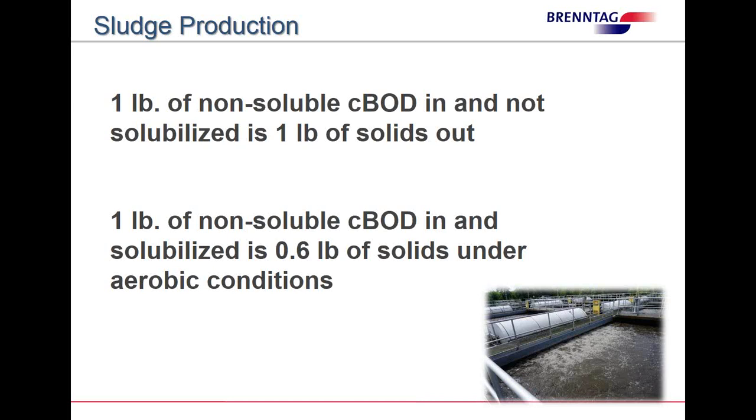The bottom bullet, 1 pound of non-soluble CBOD, or carbonaceous biochemical oxygen demand, in and converted and solubilized will create about 0.5 to 0.6 pounds of solids under aerobic conditions. So if you got a pound of BOD in and you solubilize it in your activated sludge plant, when it's all completely said and done, you should make about 0.5 pound of solids, and that would be activated bacteria.